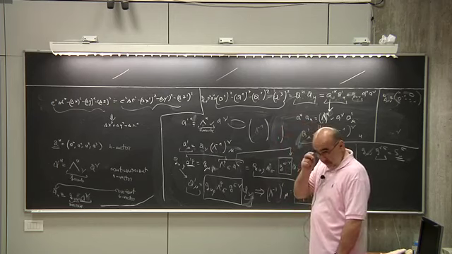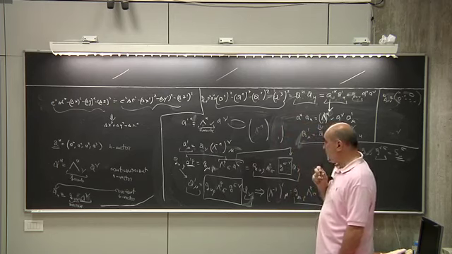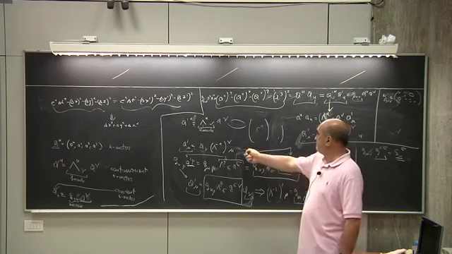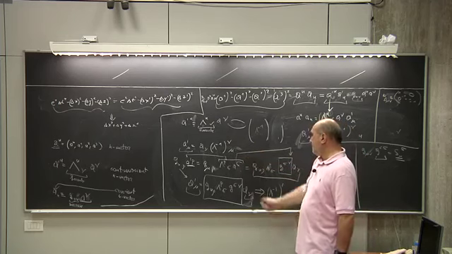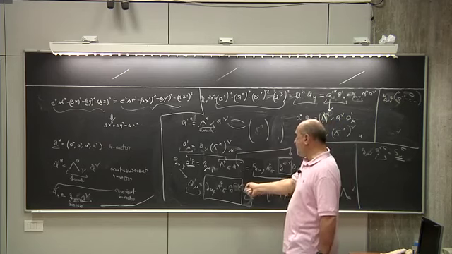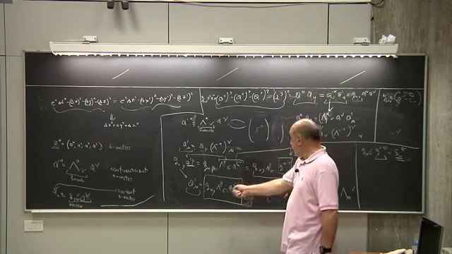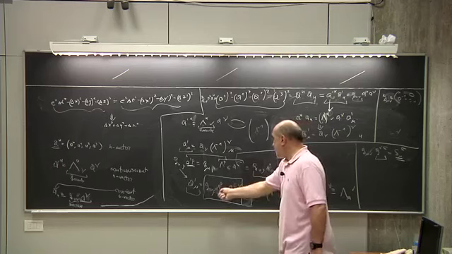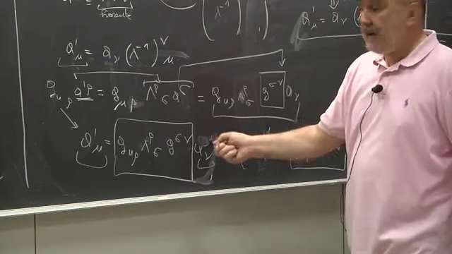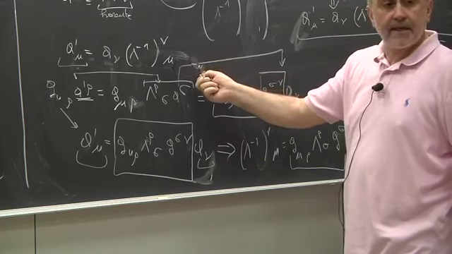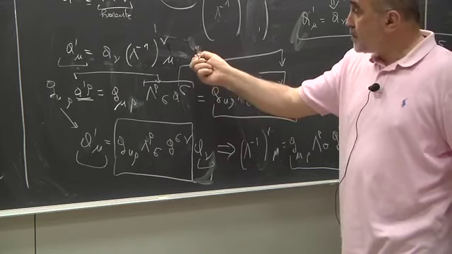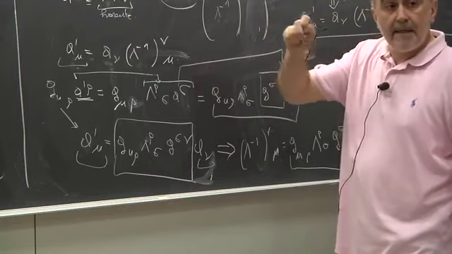Now from that relation, the first relation, the indices are the same. But you see, this object has the index mu, nu. This object has the index mu, nu. While this object has first the index nu and second the index mu. So the first index is the one that you go and sum.